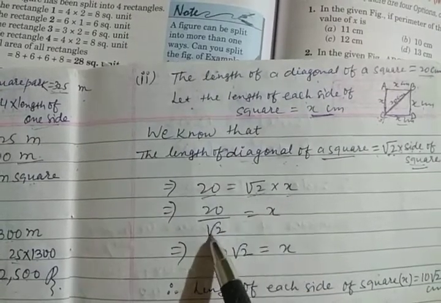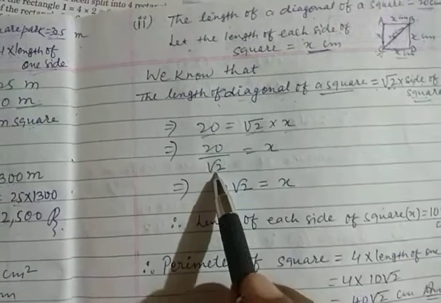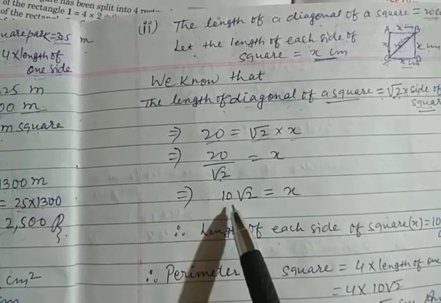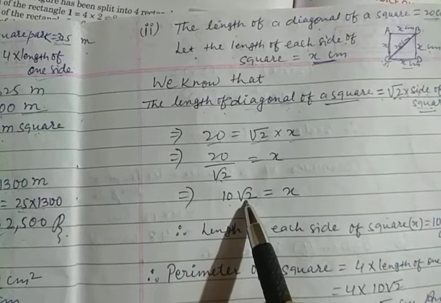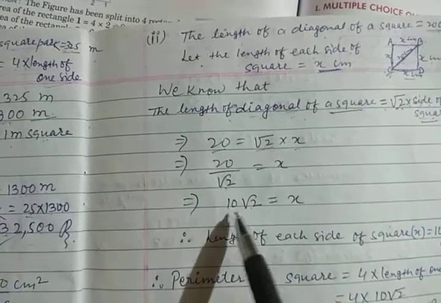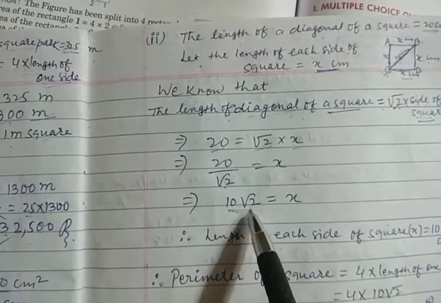Root 2 is transposed here. Dividing 20 by root 2 we get 10 root 2. How?